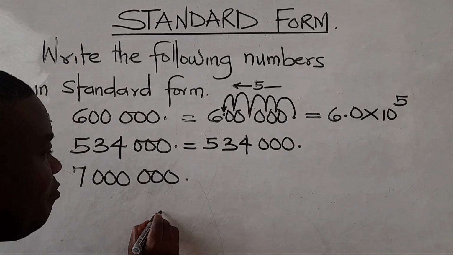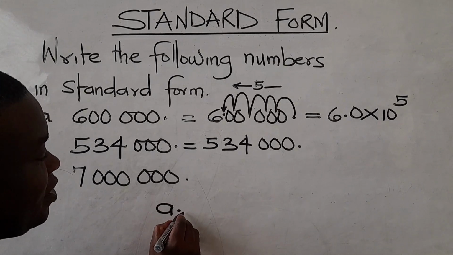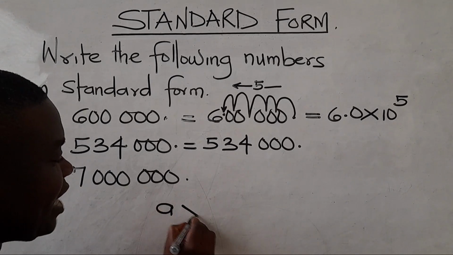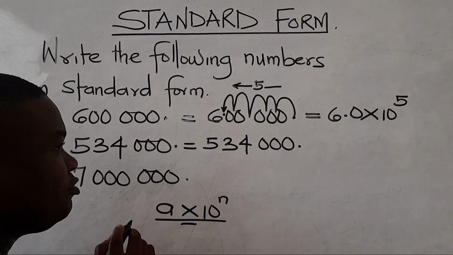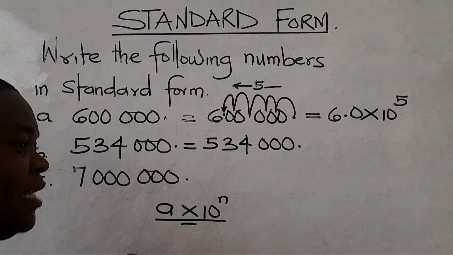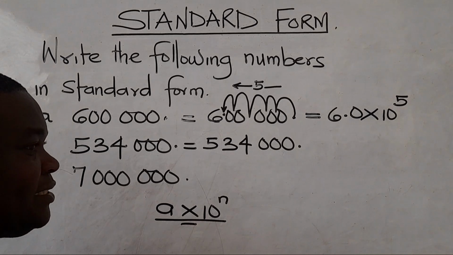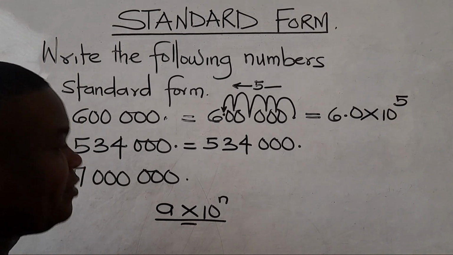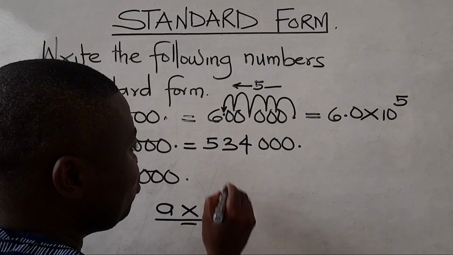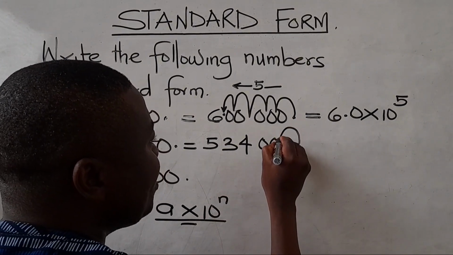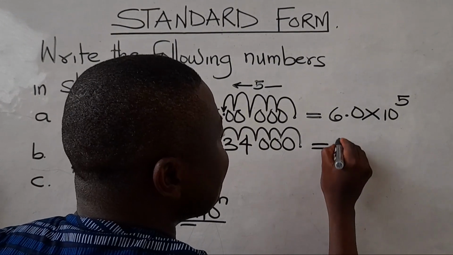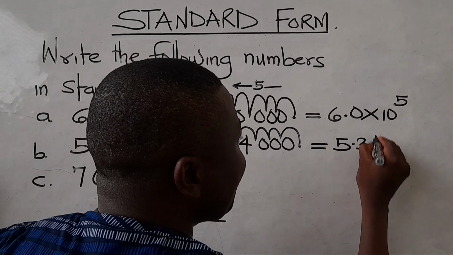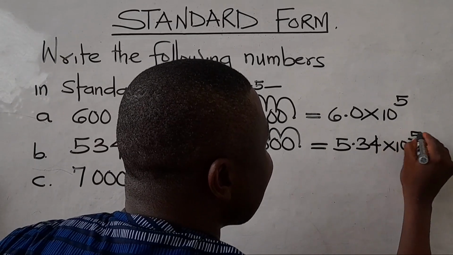Remember, it must be in the form a times 10 to the power n, where a should not be lower than 1 and should not be up to 10. So let's go, 1, 2, 3, 4, 5. Similar answer, 5.34 times 10 to the power 5.